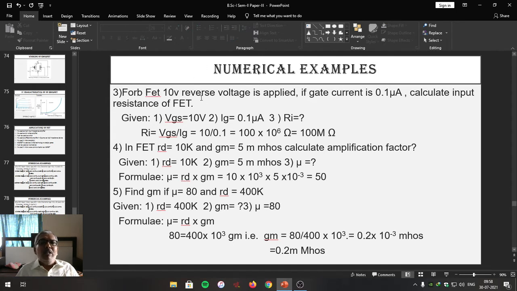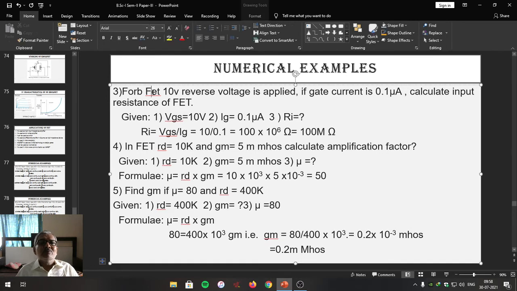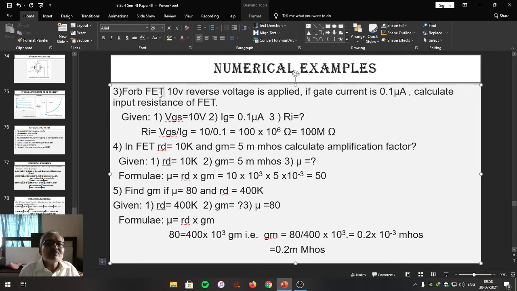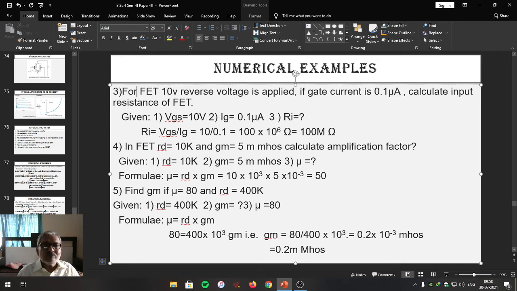Next example. For FET, 10 volt reverse voltage is applied. So gate and source is reverse biased.